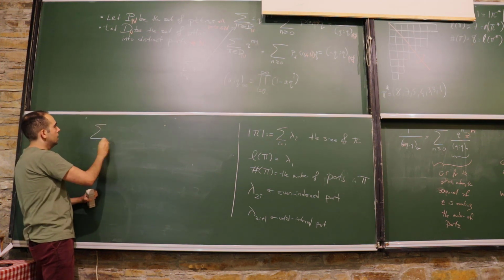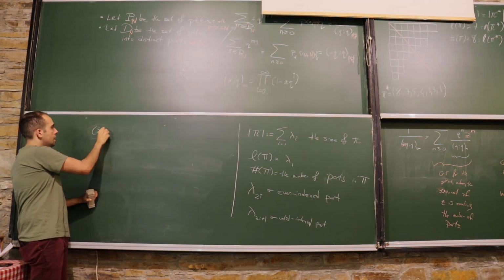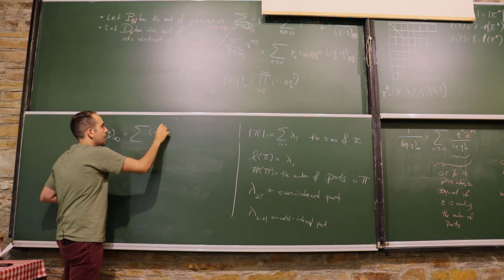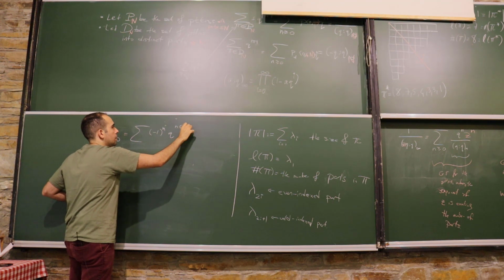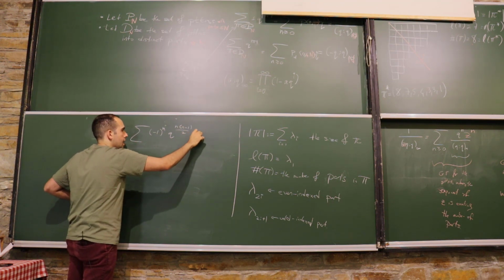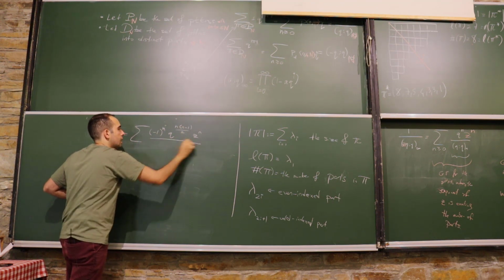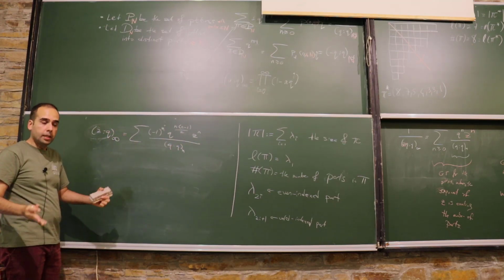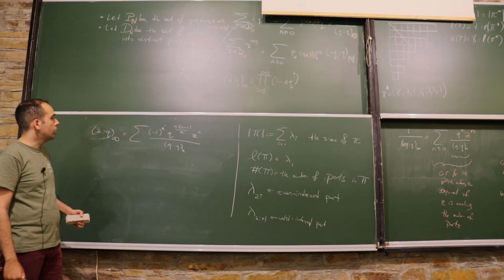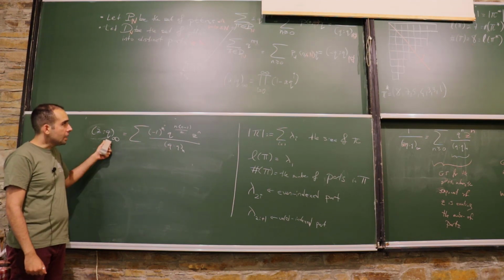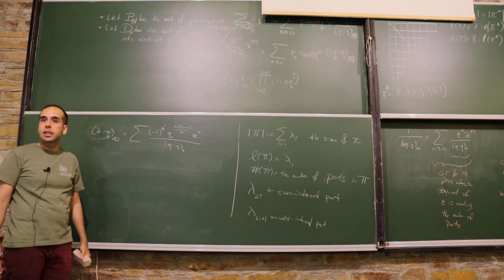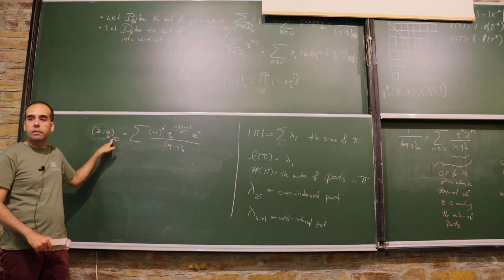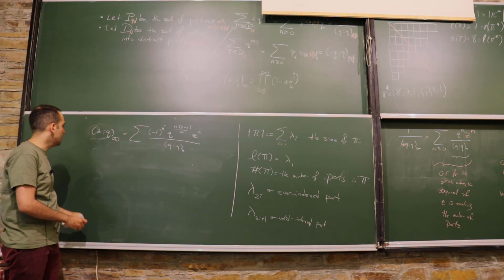Euler also proved this relation: (z;q)_infinity is equal to the sum of (-1)^n q^(n(n-1)/2) z^n divided by (q;q)_n. Another analytic identity, we got it from the q-binomial theorem. This one looks like the generating function for the distinct parts, don't you think? If z is negative q, (-q;q)_infinity is the generating function for the distinct parts.